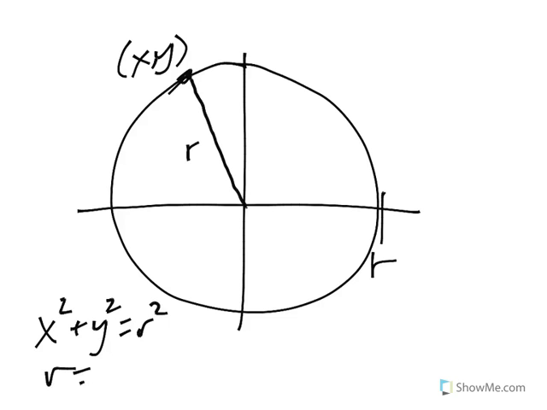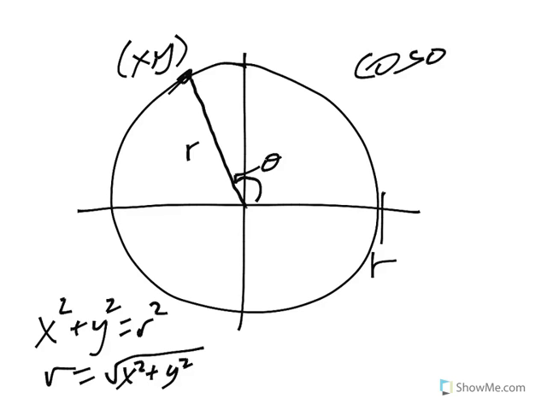So solving for r, r is the positive square root of x squared plus y squared. But what you can say is always that the cosine of theta, whatever this theta is, is going to be x divided by r.